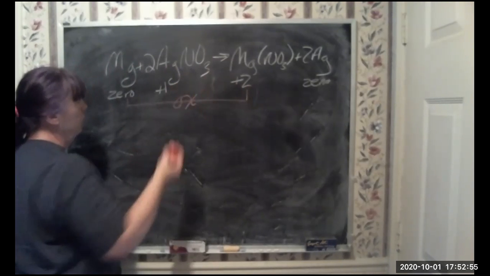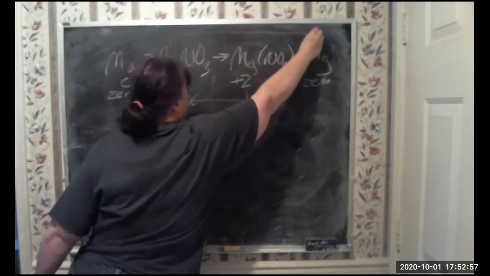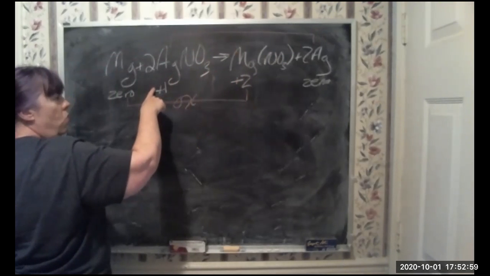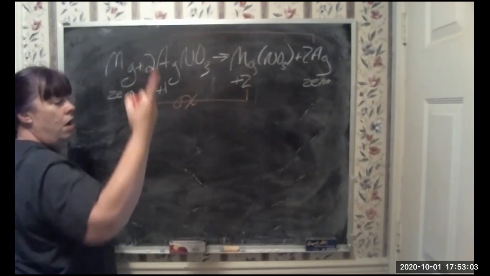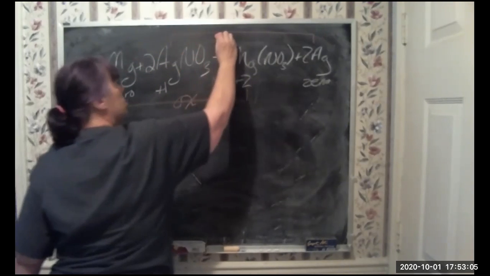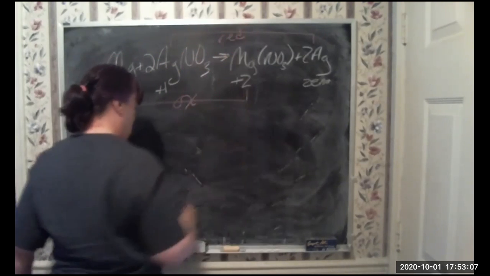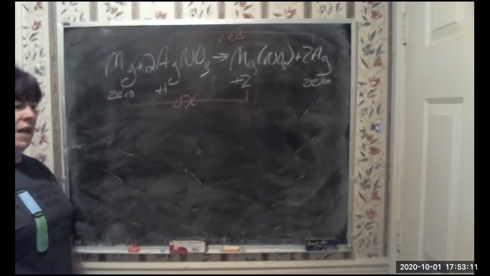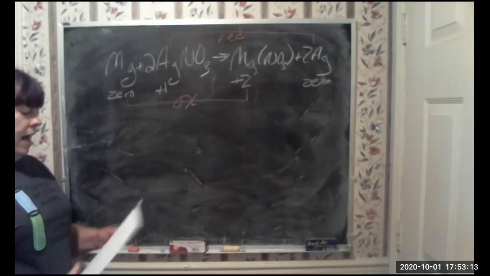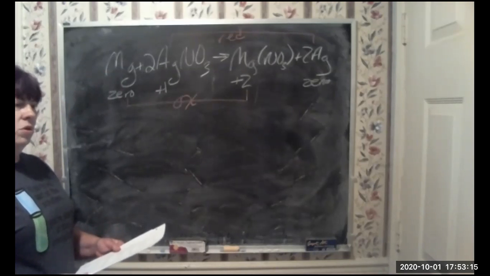My silver is the one that got reduced. It started out life as a +1, and it turned into a 0 as it went through the reaction. So it is your reduction. Remember I said you gotta have at least one of each, but yeah, sometimes you have ones that actually don't do anything.